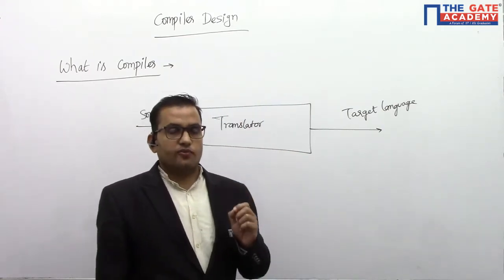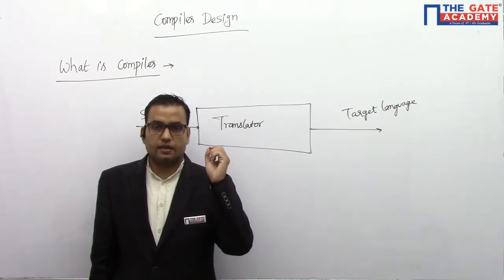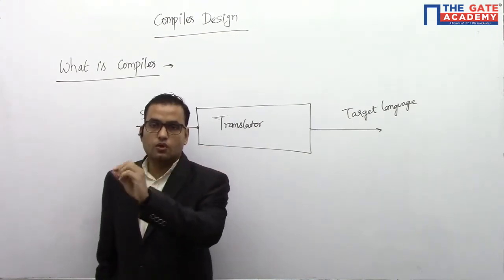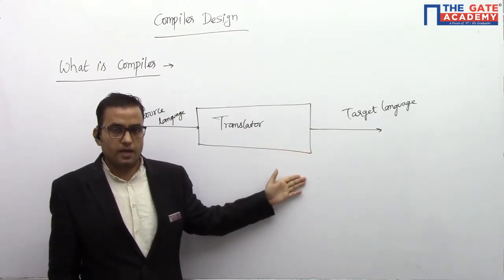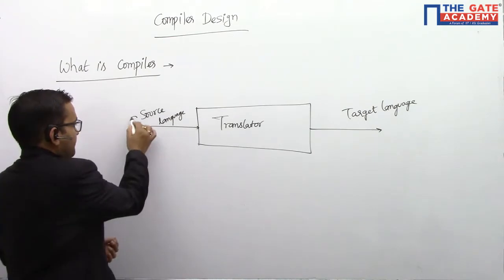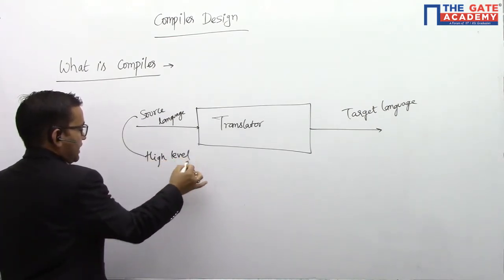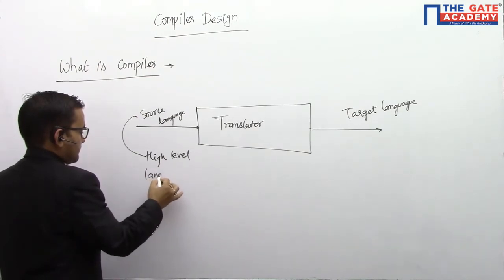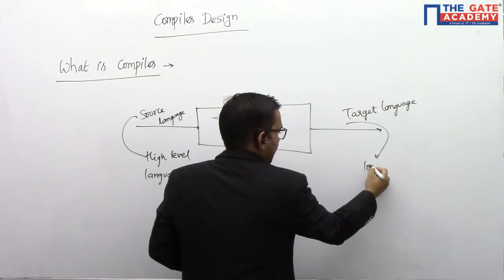Okay, first of all we have discussed what is compiler. So compiler is a translator which can translate source language into target language. The source language could be anything, target language could be anything, but practically we use a source language as a high level language most of the time, and the target is a low level language.